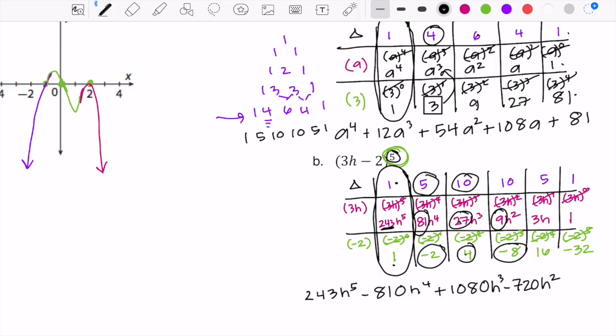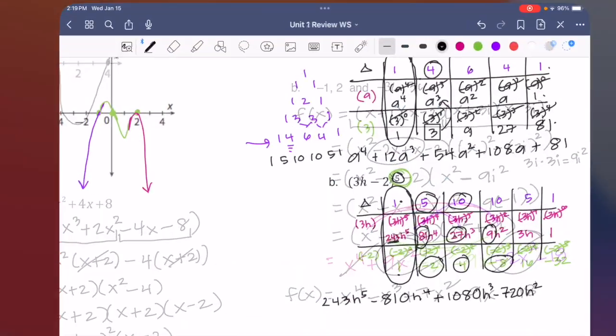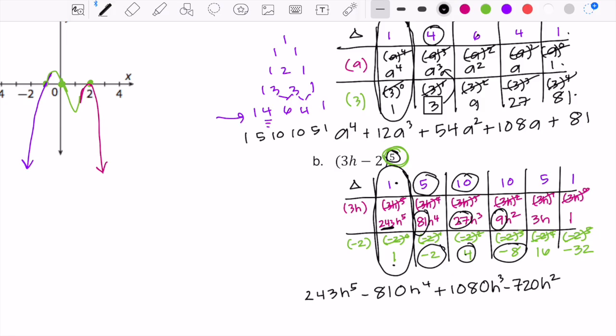And then this one, 5 times 3 times 16. And that gives me 240. So that's going to be positive 240h, and then minus 32, because 1 times 1 times -32, and that's it.